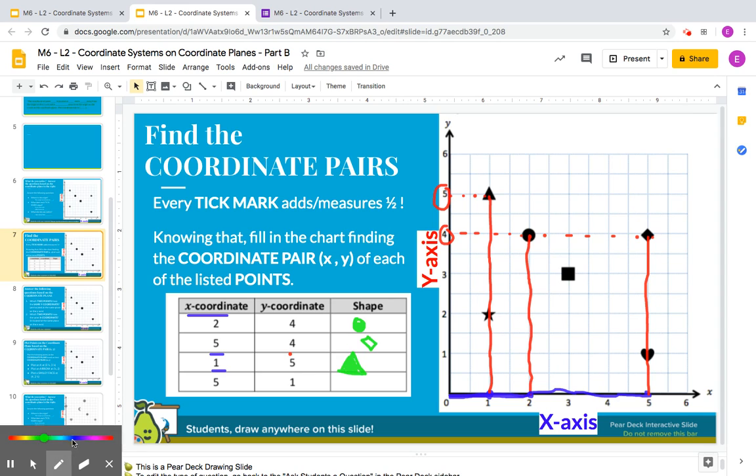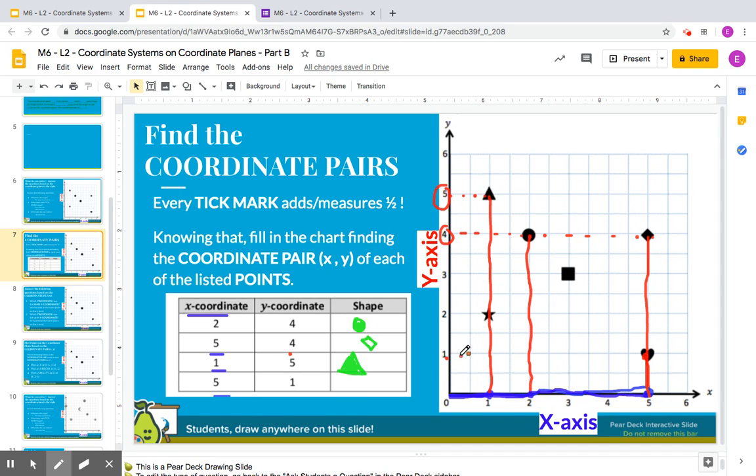And let's find our last point. Oh, it's opposite. Instead of x equals 1 and y equals 5, x equals 5 and y equals 1. So let's look. Start at the origin, I move over 5. Then I have to go up 1, 1/2, 1.